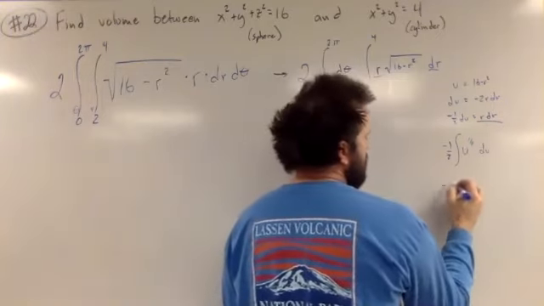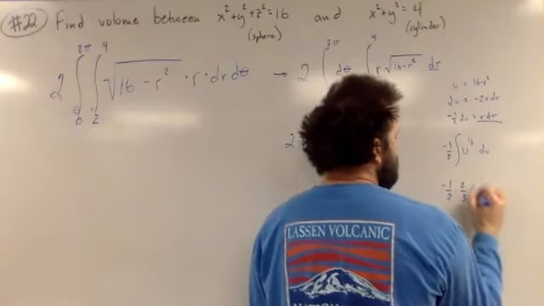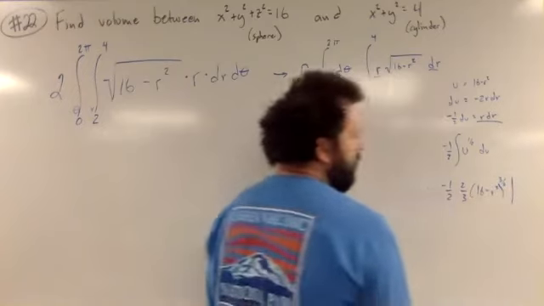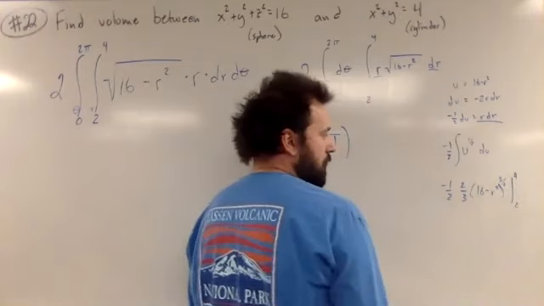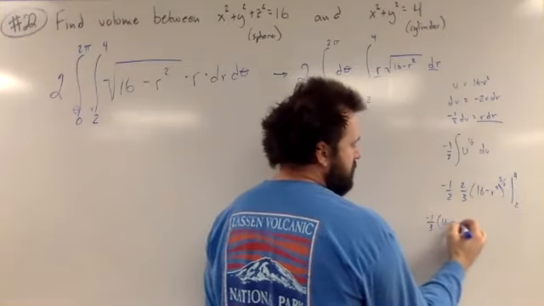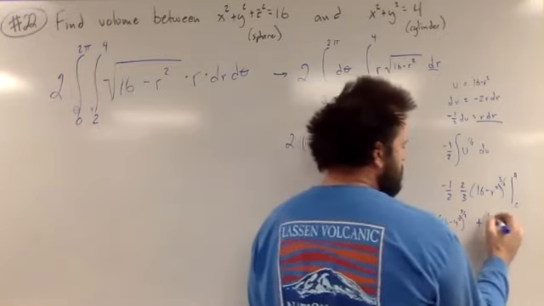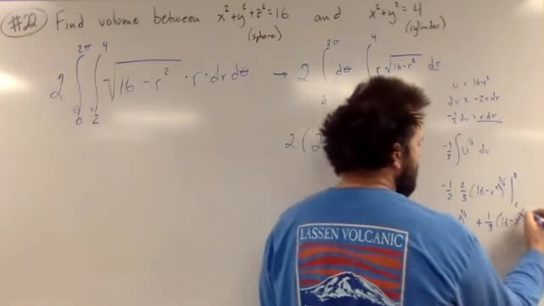That's going to give me -1/2 times 2/3 times (16 minus r squared) to the 3/2. I want to evaluate that between 2 and 4. So I get -1/3 (16 minus 4 squared) plus 1/3 (16 minus 2 squared).